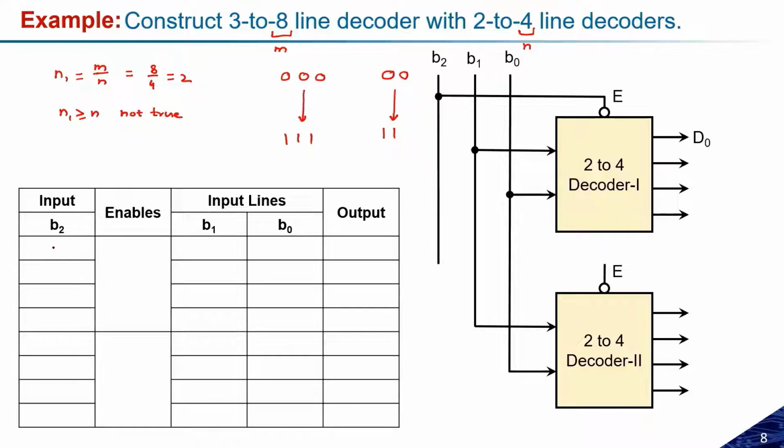If B2 is equal to 0, B1 is equal to 0 and B0 is equal to 0, I will get output D0. So D0 will be the output in this case. Similarly, if B2 is equal to 0 and B1 B0 is 01, then I will get the D1 output.